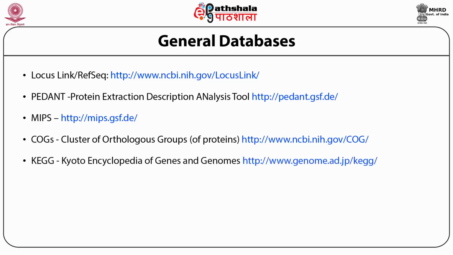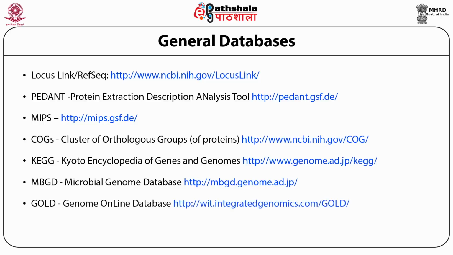Then KEGG, the Kyoto Encyclopedia of Genes and Genomes, which gives information about pathway databases. Then MBGD, the microbial genome database, having information about different microbial genomes. Another is GOLD, the Genomes Online Database, and TOGA, which has information about TIGR or MUMmer.